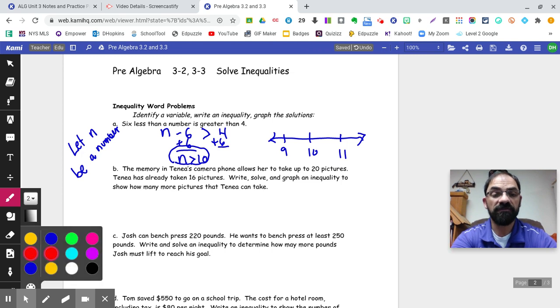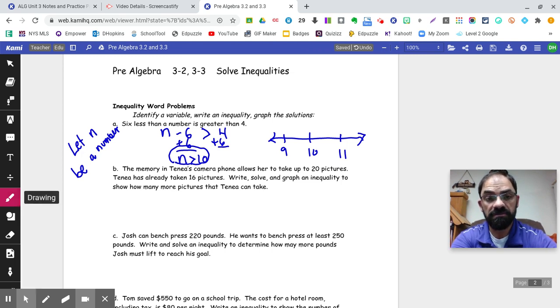We have to ask ourselves if that's an open or closed circle. Since it's not equal to, it is open. And as long as the variable comes first and it's on the left, we can shade in the direction the sign is pointing, which is that way.